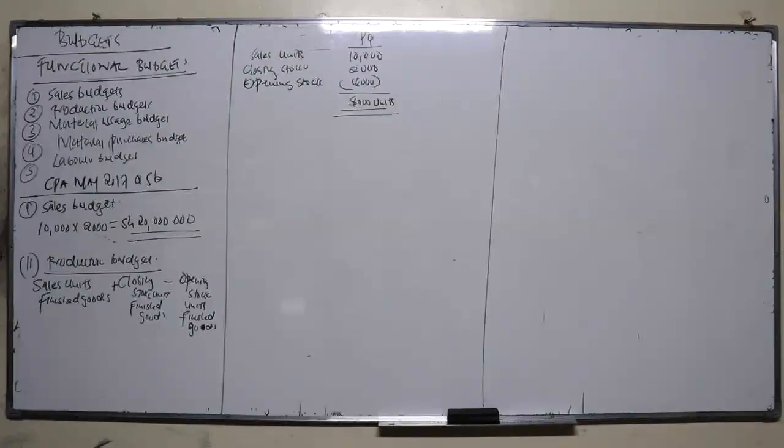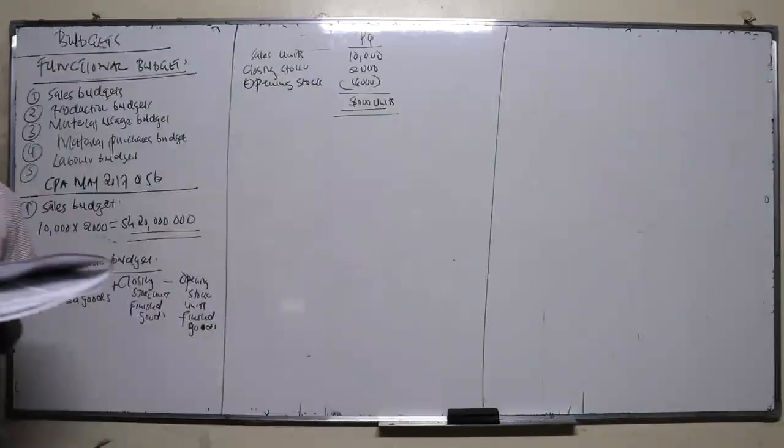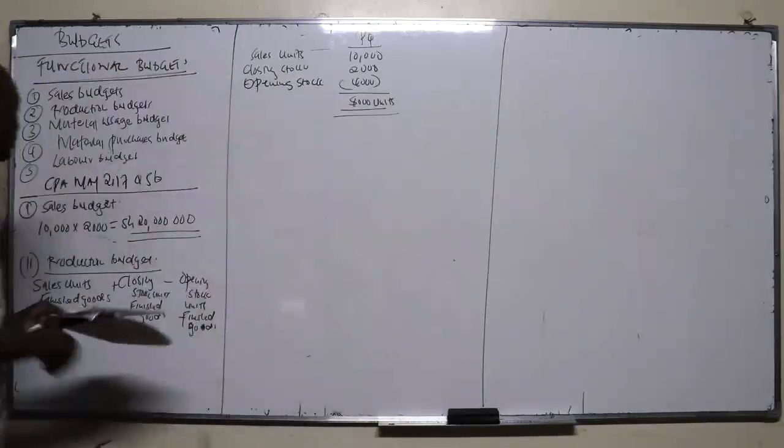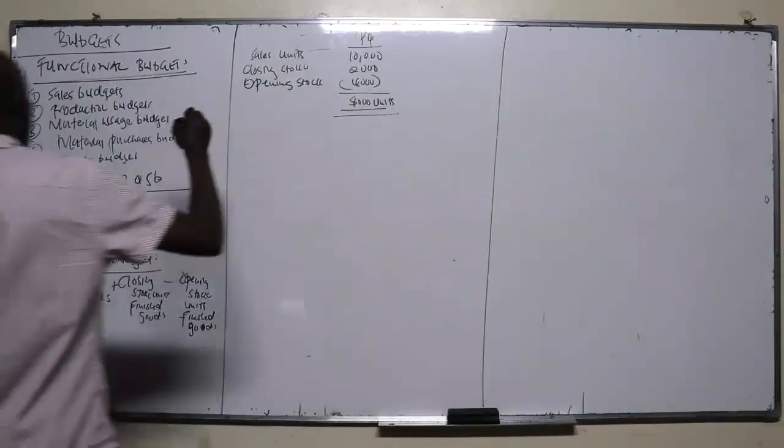The company plans a reduction of 50% in quantity of finished goods at the end of the month. So the opening stock is 4,000. So the closing stock should be how much? 2,000, isn't it? So that is the budget. Is that okay? That is number 2.